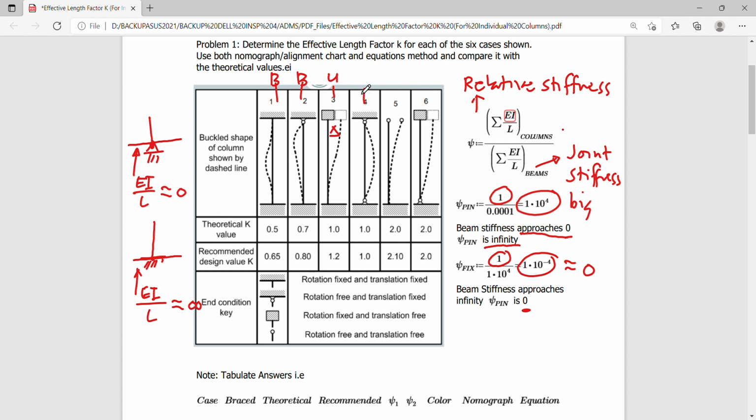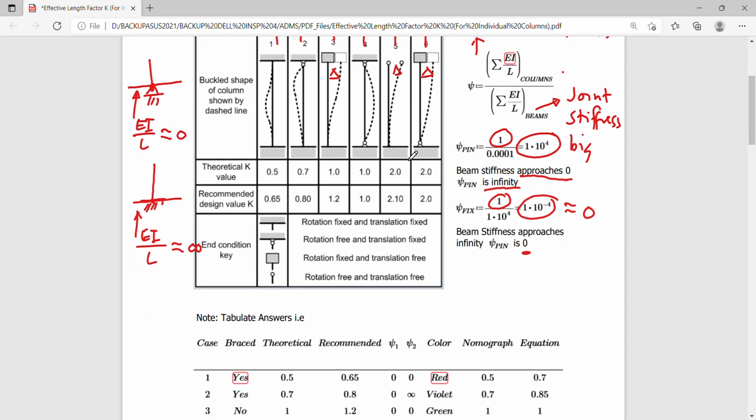For case number 4, this is again a braced column, since there are no lateral translation at the ends of the column. For case 5, this is again an unbraced column. Also case 6, an unbraced column, since there are lateral translation delta at the top joints.